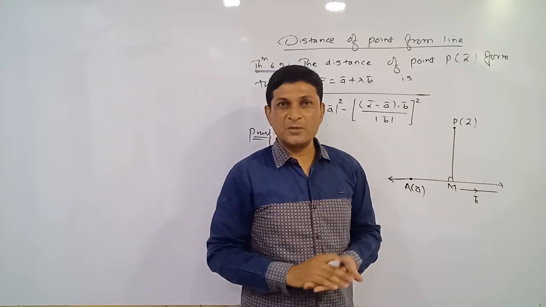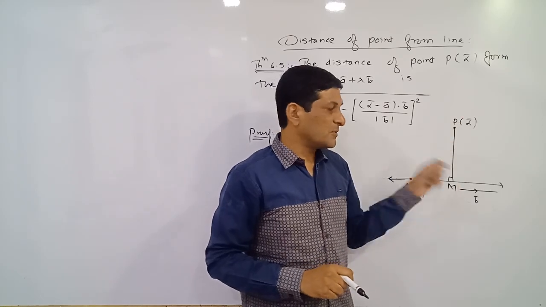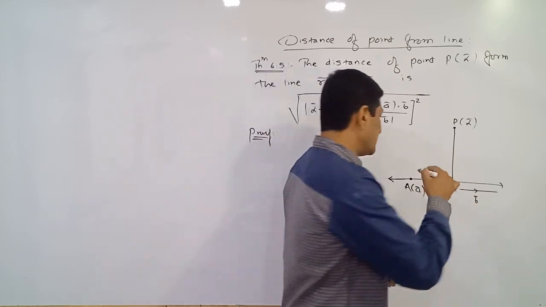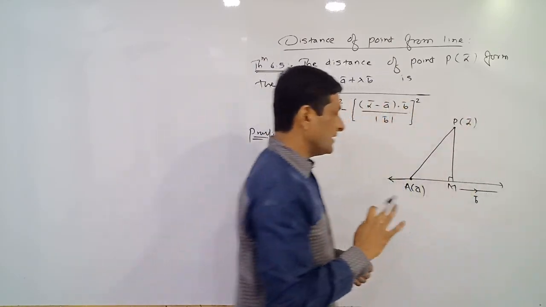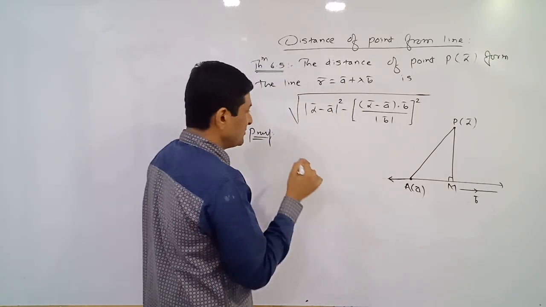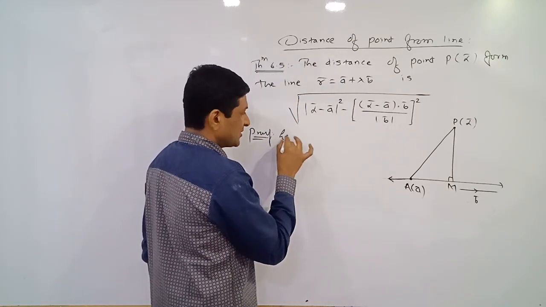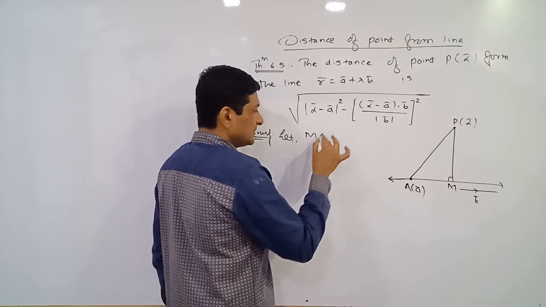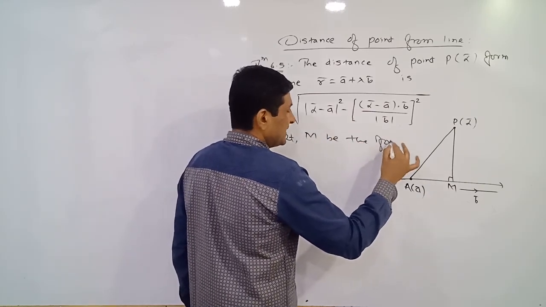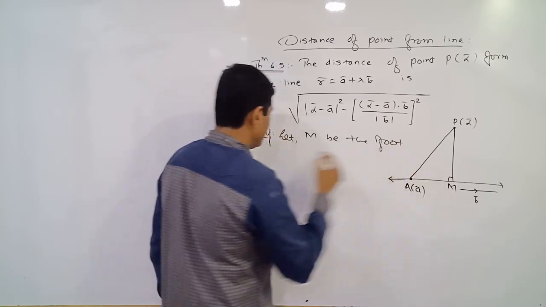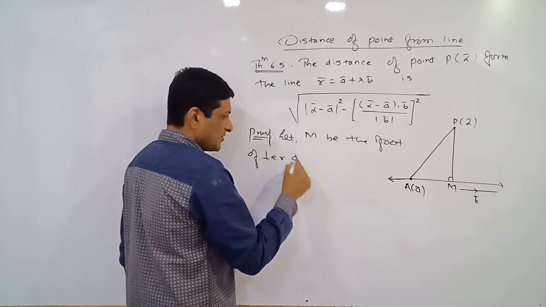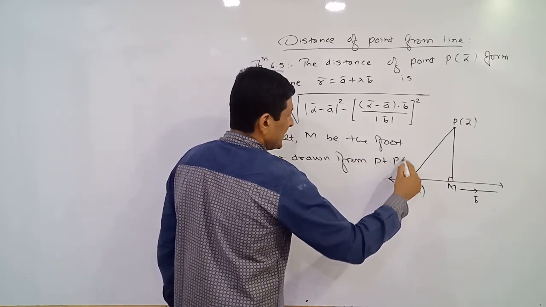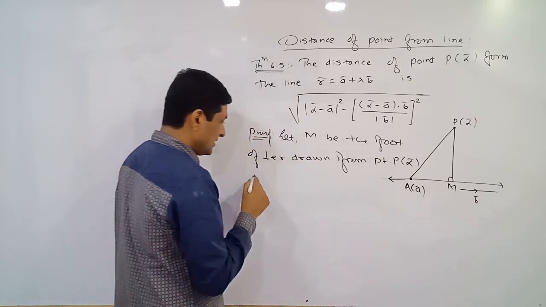The question is to find the distance of a point from a line, which means we have to find the length of PM. Well, in this case, draw vector AP bar here. Our supposition: one point is given to us. Let M be the foot of the perpendicular drawn from point P, whose position vector is alpha bar, on the line.